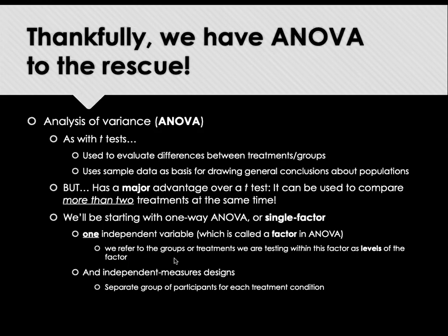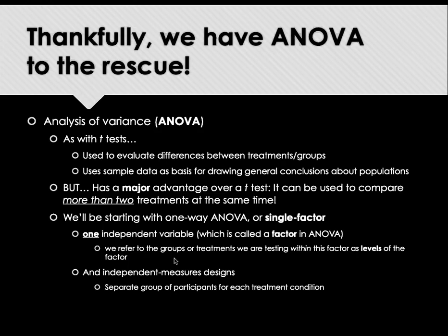And so that would be your factor or the independent variable. And then we refer to the groups or treatments that you're testing within that factor as levels of the factor. So let's say we are going to test 3 different treatments for anxiety. One of them is medication, one of them is talk therapy, and one of them is medication and talk therapy. And so our independent variable or our factor would be a treatment type. And each of those 3 different treatment types would be the levels.